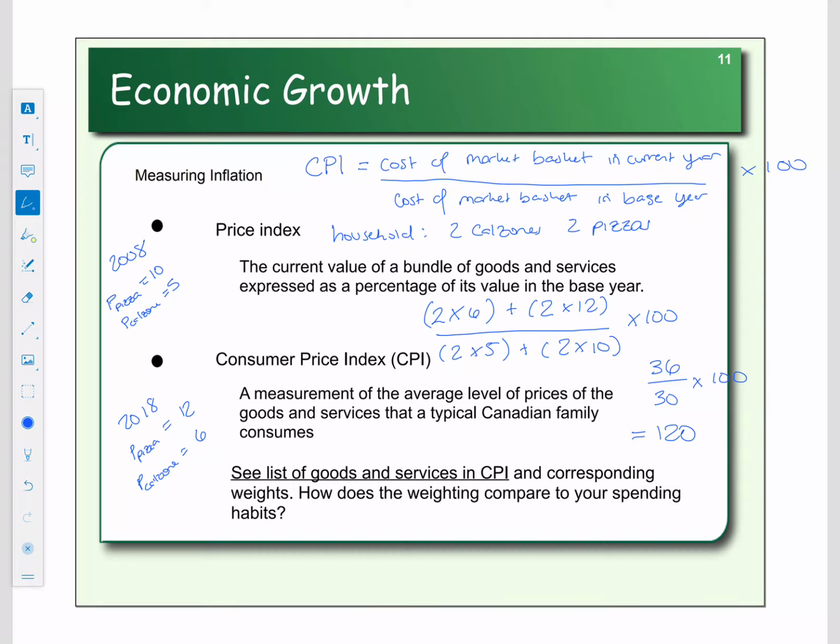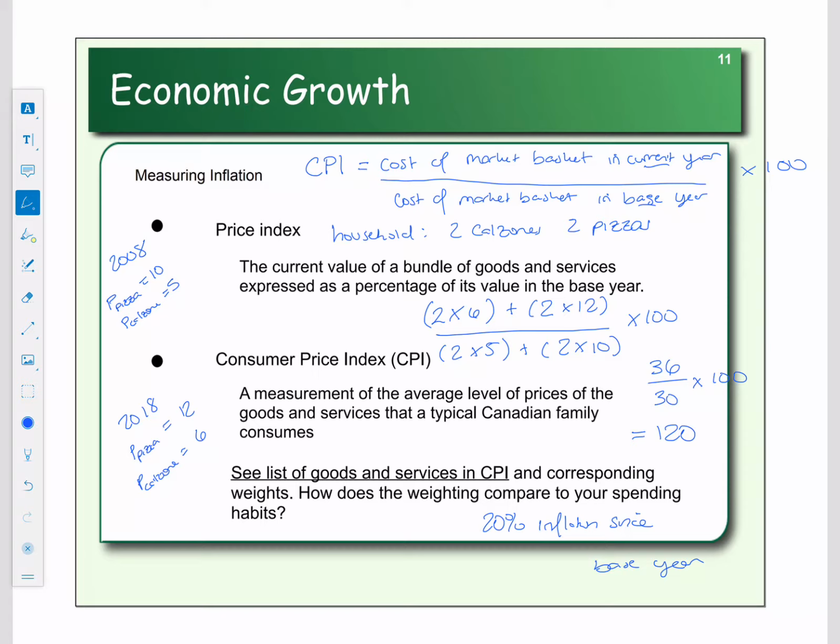Well, we interpret the consumer price index the same way you interpret the GDP deflator. So 120 tells us there's been 20% inflation since the base year. And that's because in the base year, your current year and your base year prices will be the same, and you're calculating the same number over the same number, which is 1 times 100, and you get a CPI of 100 for the base year.